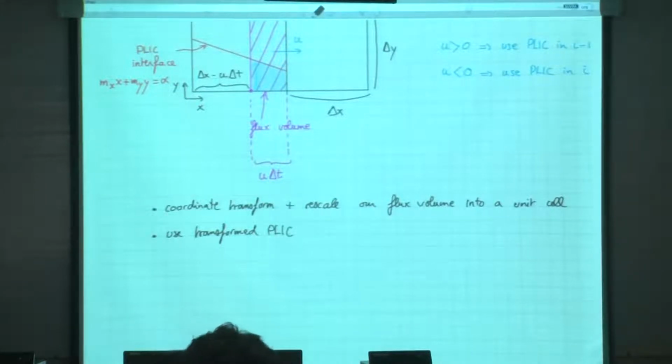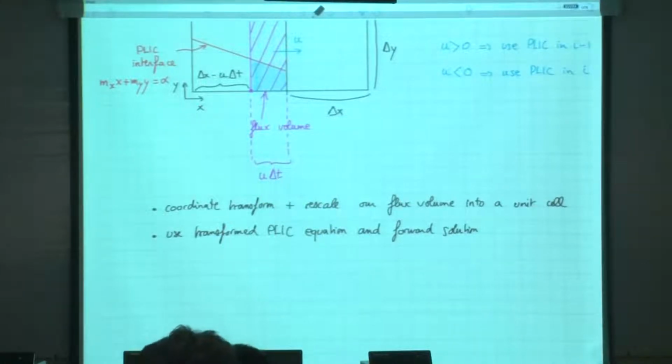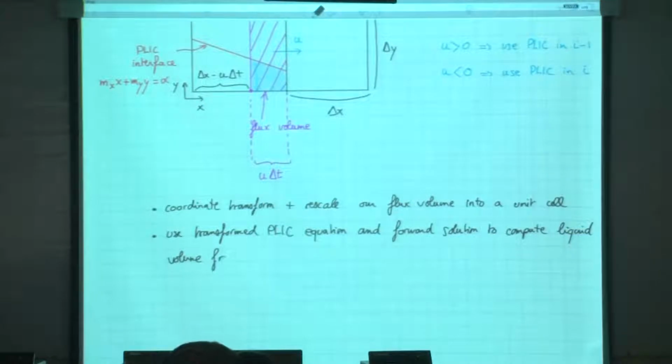So use the transformed PLIC equation and the forward solution, meaning the solution where, if I give you alpha and the normal, you give me the volume fraction, to compute the liquid volume fraction.